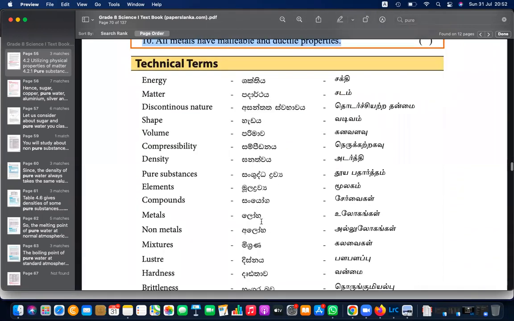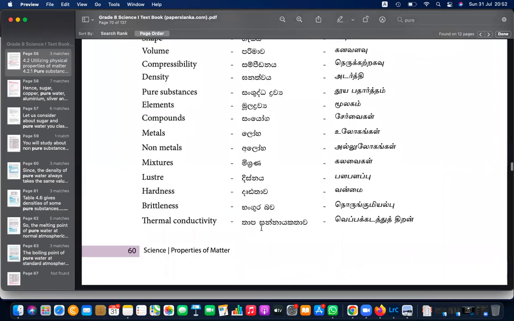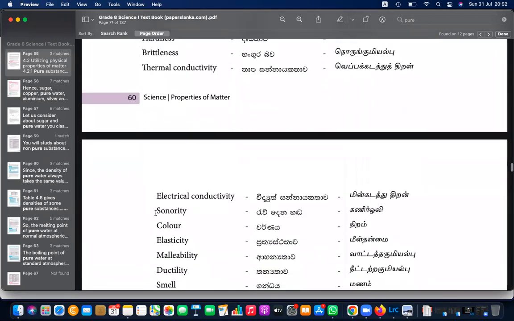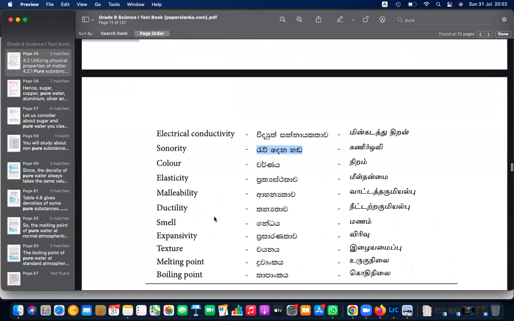Okay, so these are some terminologies that we have used. You can see sonority here. Ductility, malleability. Can you remember? We discussed this in earlier grades also.